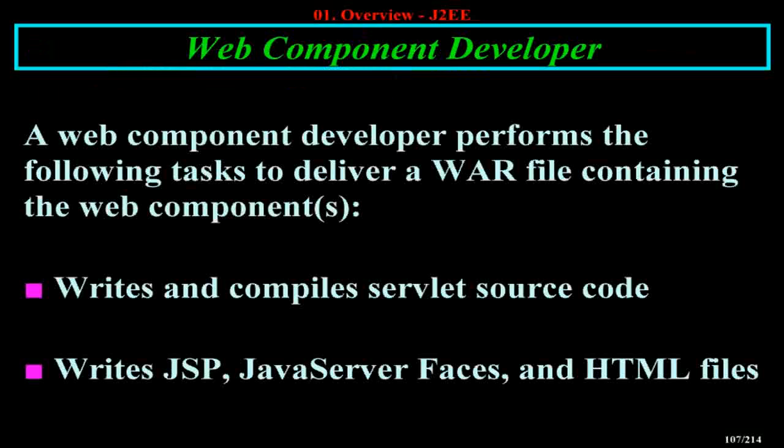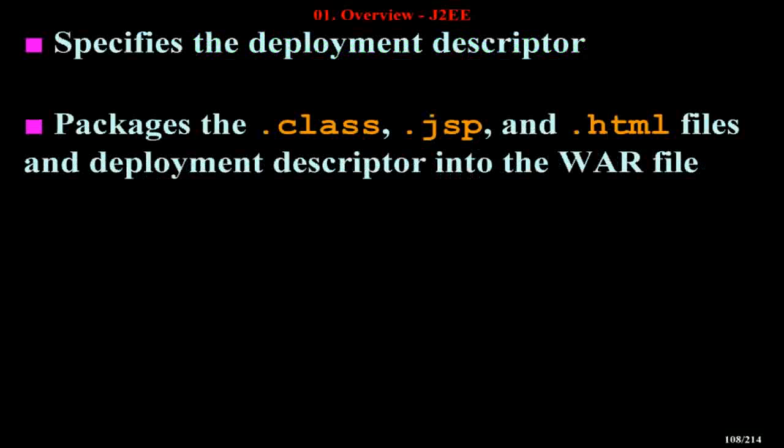A web component developer performs the following tasks to deliver a WAR file containing the web components. Writes and compiles servlet source code. Writes JSP, JavaServer Faces, and HTML files. Specifies the deployment descriptor. Packages the class, JSP, and HTML files and deployment descriptor into the WAR file.